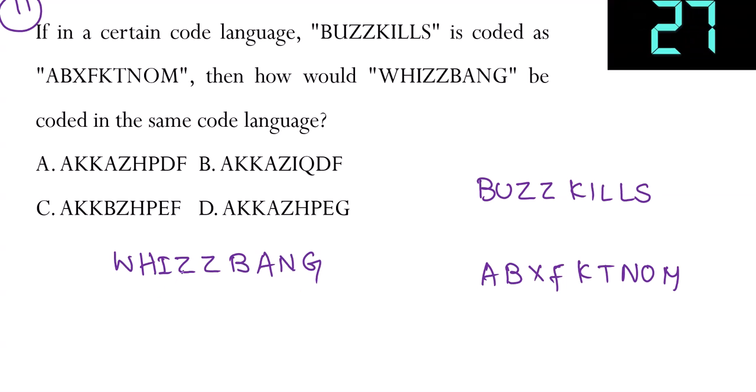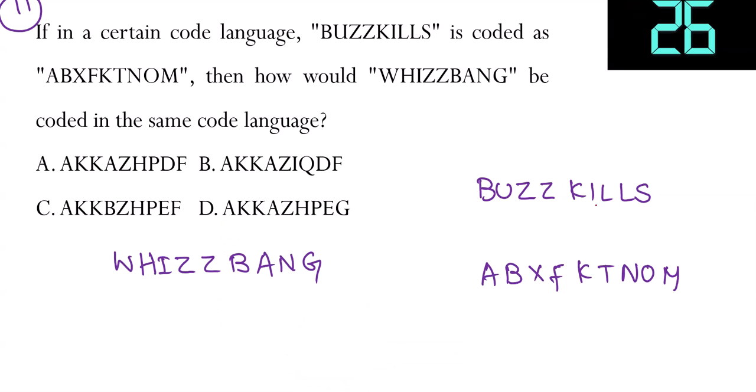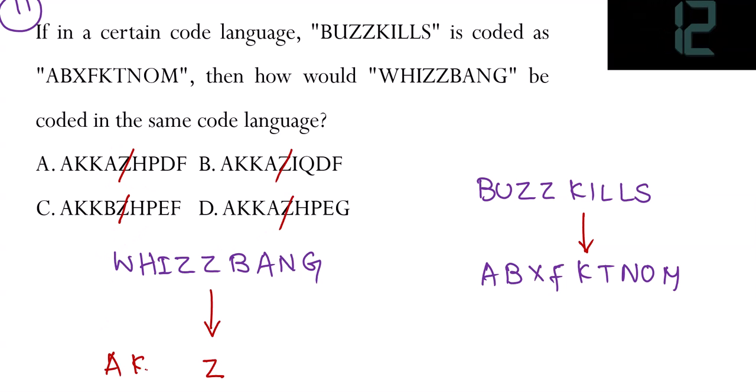And one thing you have to clear with the given question is they mapped the middle letter as it is. When they have big words like this, they divide them into two groups actually. You can see the middle one is Z everywhere. That's the reason. And in fact, you see all options start with AKK. So here we have to understand everything starts with AKK.